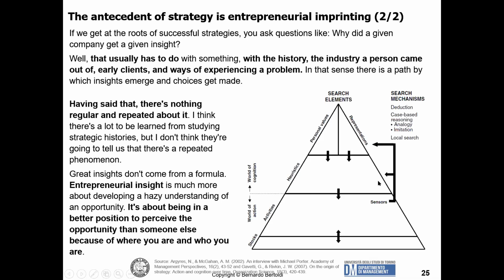So there is the world of cognition of the entrepreneurs, so personal values and representation of the world. With this in mind, the entrepreneur is not making a strategic planning, a structured strategic positioning, but is using heuristics to create activities, to interact with the world.